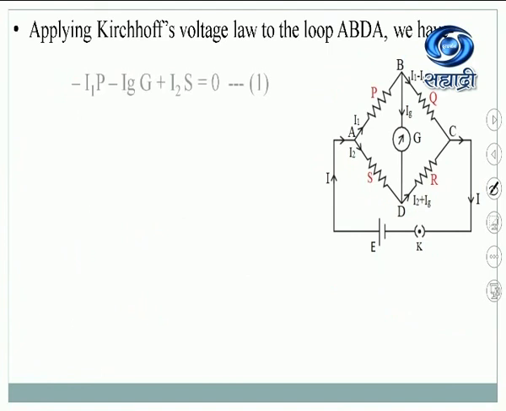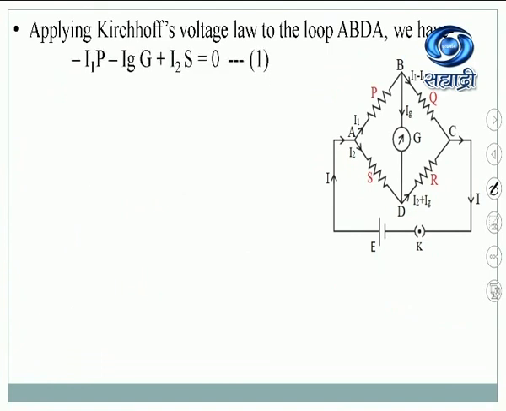Okay. Applying Kirchhoff's voltage law to the loop ABDA, what do we get? In the direction of current, this is minus I1P.